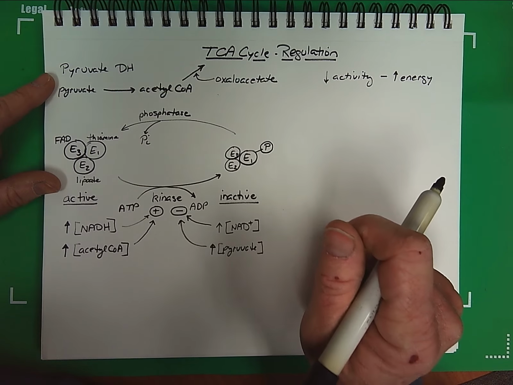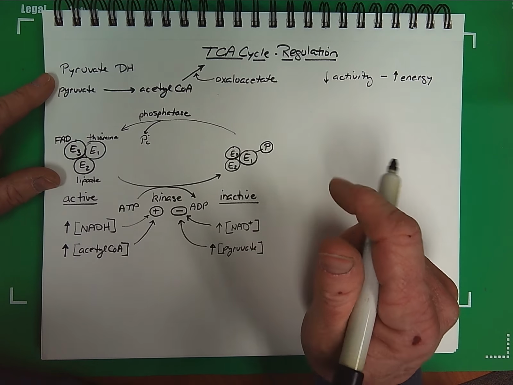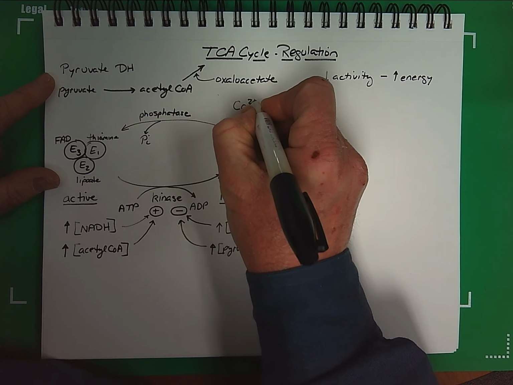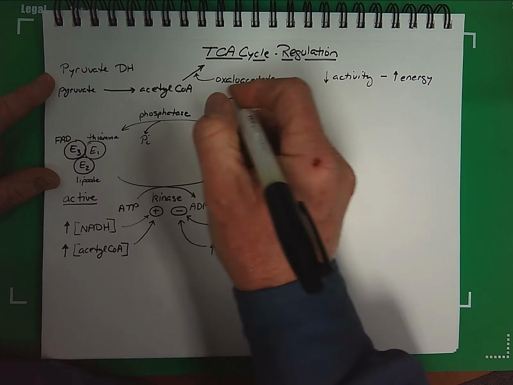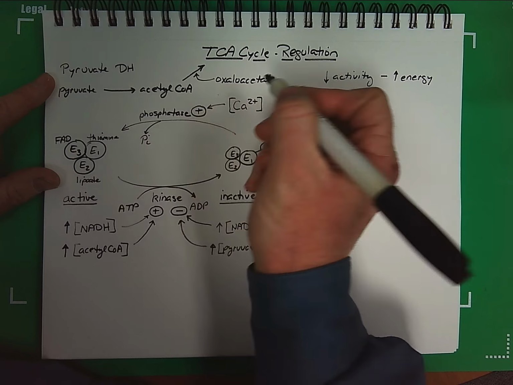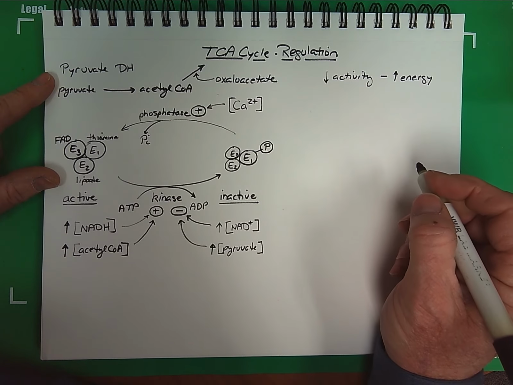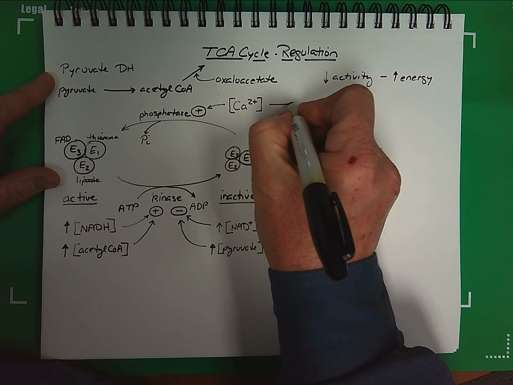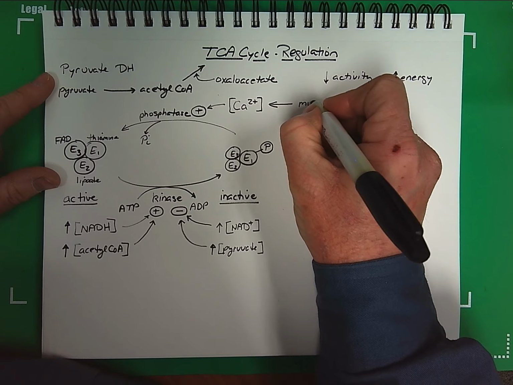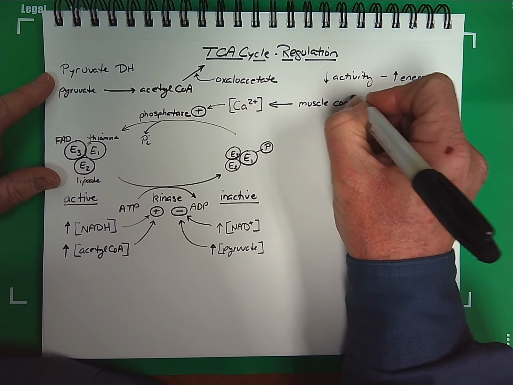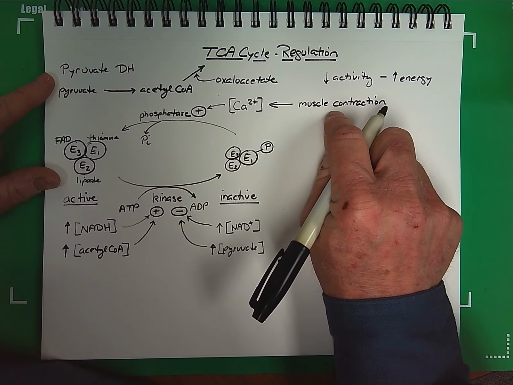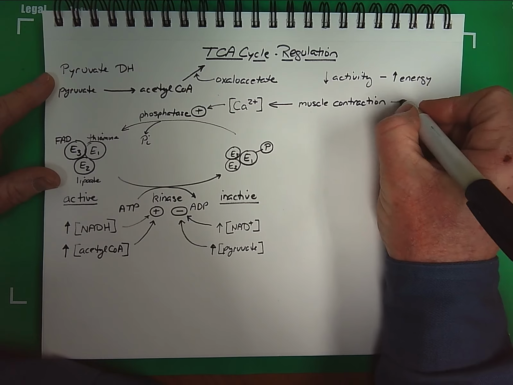But in skeletal muscle, we want to make sure that we can stimulate this activity. So what's going to stimulate this is an increased concentration of calcium. So calcium will activate the phosphatase enzyme. This makes sense because increased calcium concentrations are required for muscle contraction. Muscle contraction requires ATP.